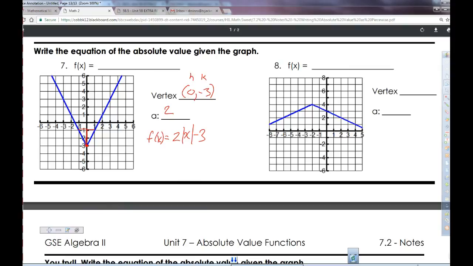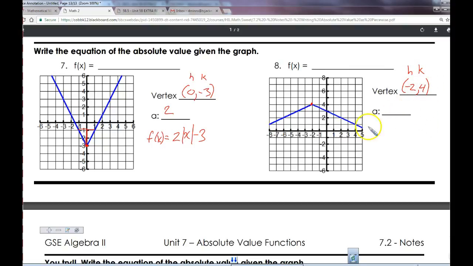Okay, let's do the same thing over here on problem number 8. We see that our vertex is right here, and that vertex is at negative 2, 4. So that's our h, that's our k. The opposite of that number, negative 2, will go in the absolute value bars, and 4 will go outside the absolute value bars.